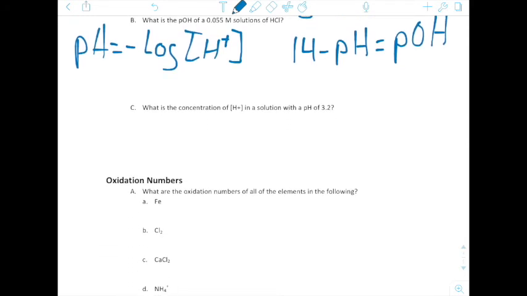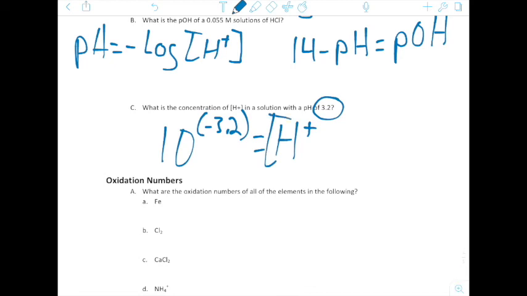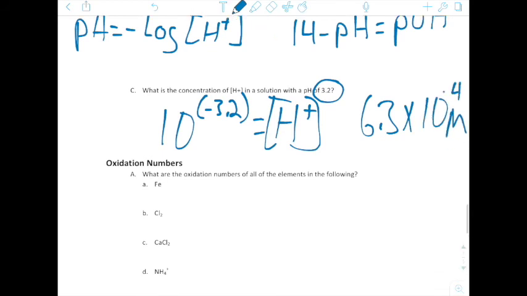And then C, it says find the concentration of hydrogen ions with a pH of 3.2. So we just go 10 raised to the -3.2. That will equal our hydrogen concentration, and using that equation, we will get 6.3 times 10 to the -4th for our molarity.